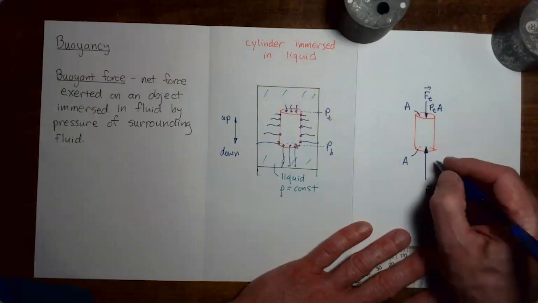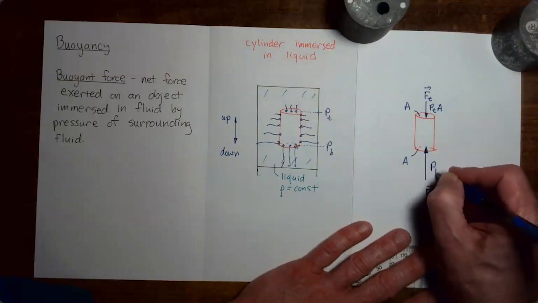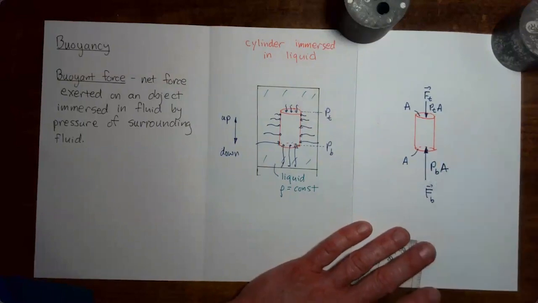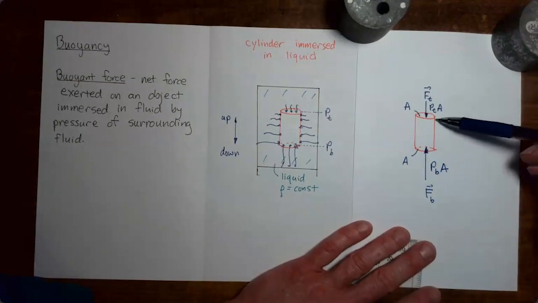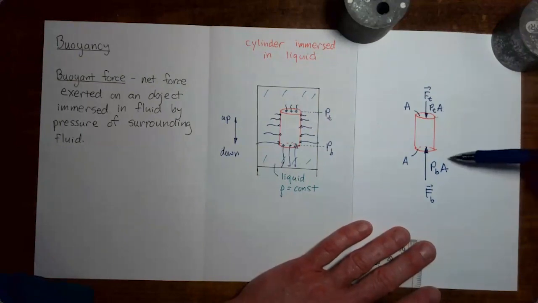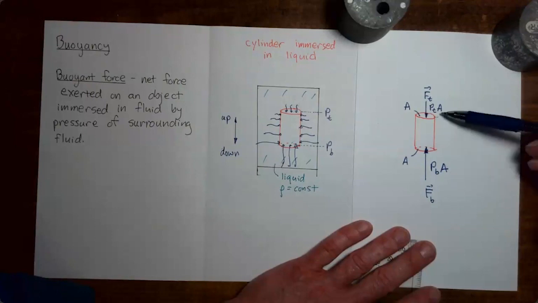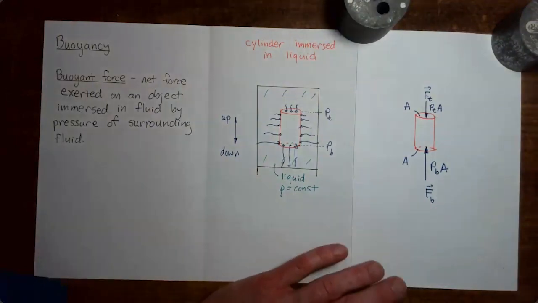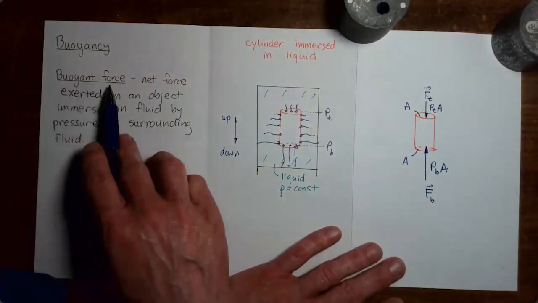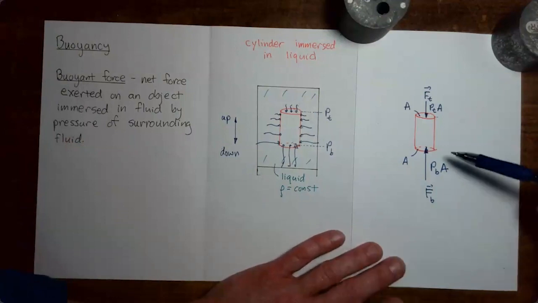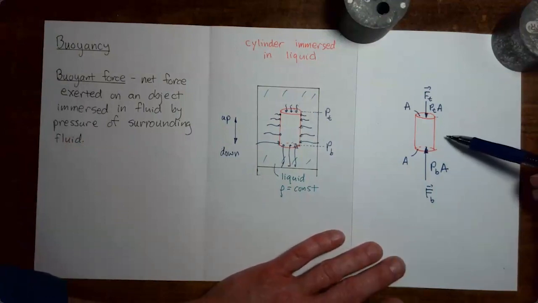And the magnitude of that force would be the pressure at the bottom surface multiplied by the area. Because this is a cylinder, the area of that top surface and the area of that bottom surface would be the same.